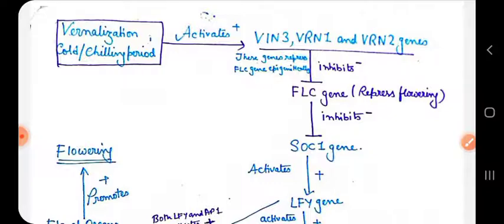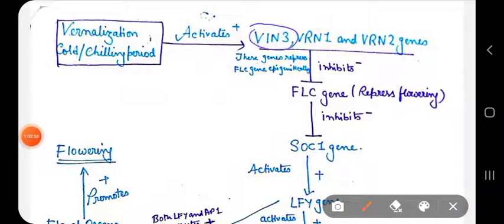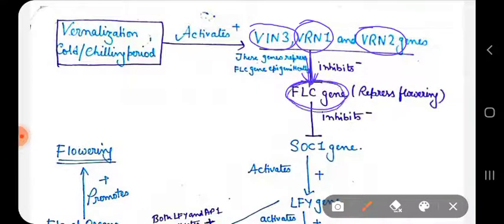So these three genes, vernalization insensitive 3, vernalization 1, and vernalization 2, are inhibiting the formation of the FLC gene. So it is suppressing the FLC gene. And what does the FLC gene do actually? The full form of FLC gene is flowering locus C.